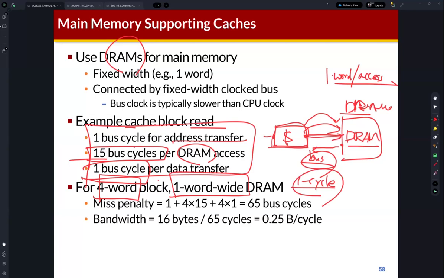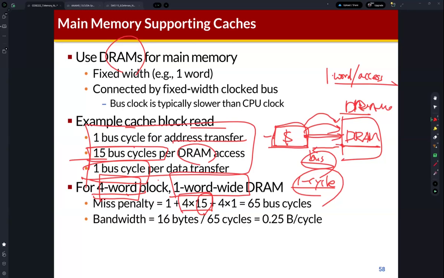And then, because for this one miss transaction we need to fetch a 4-word data block, in order to read each word from the RAM it will take 15 cycles per word. So it will take 60 cycles.